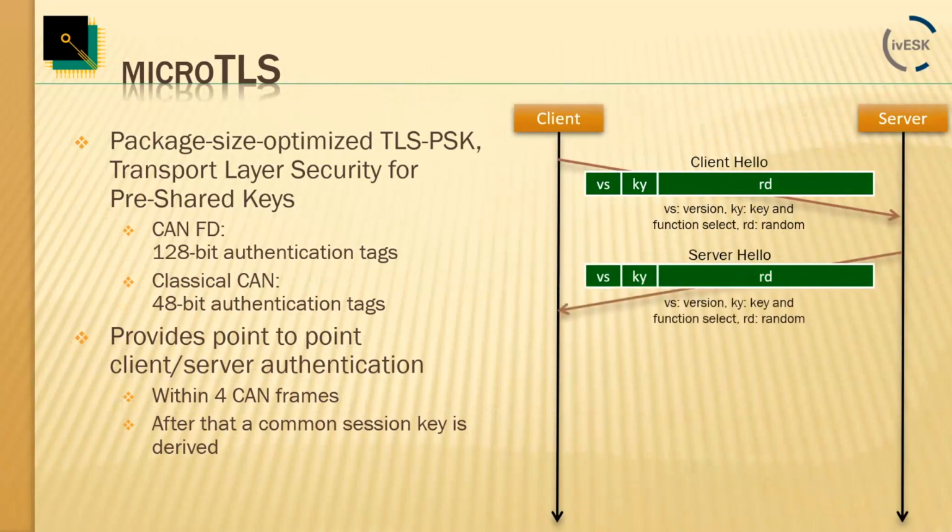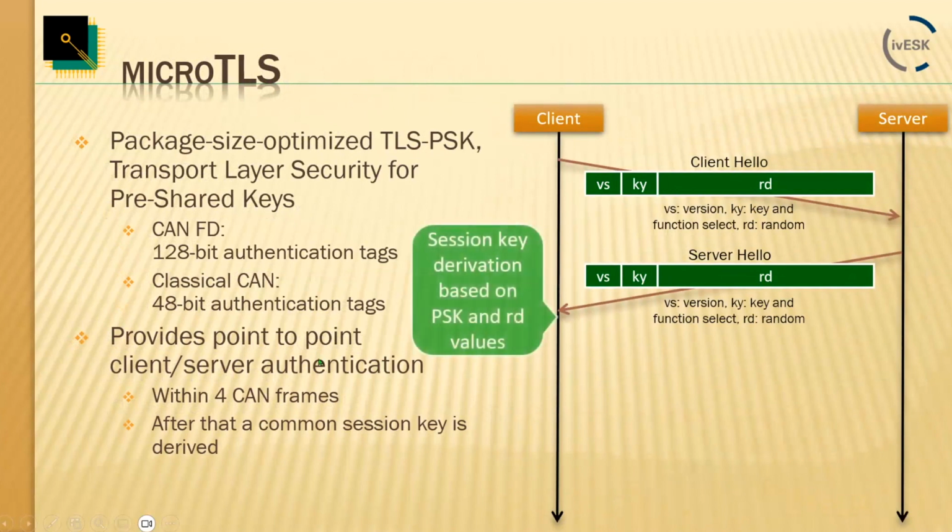Really it comes down to this: a security level known from TLS can be adopted onto CAN by just exchanging a total of 4 frames. So you have initially 2 frames exchanged with basically random data and some housekeeping information. From these 2 random values and the pre-shared keys, we generate a key. This is a key derivation. So at this point, these 2 have the same key if they have the same pre-shared key.